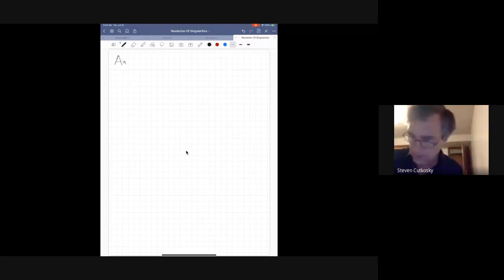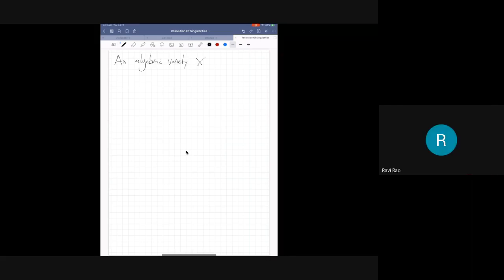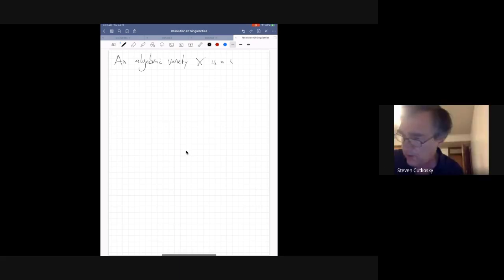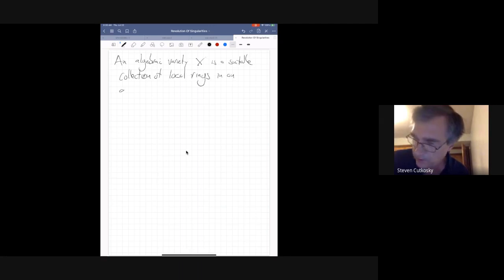an algebraic variety X, and then this is where it starts getting difficult, I'll say, is a suitable collection of local rings in an algebraic function field K, which is equal to, usually you write something like K(X).